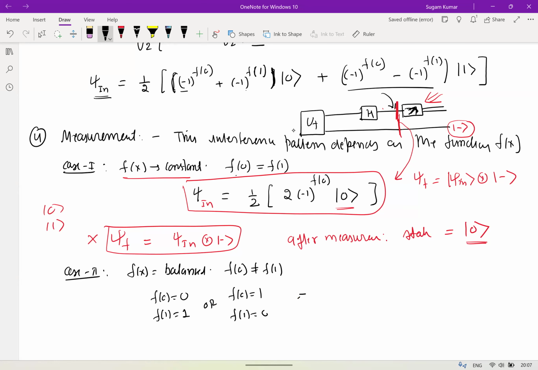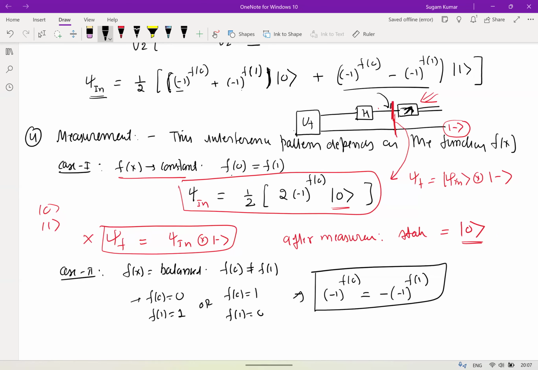In both cases, you can see, if (-1)^f(0) is for 0, then the next will be 1, then it's going to be minus, (-1)^f(1). Are you getting it? This is the conclusion of the function when they are balanced.